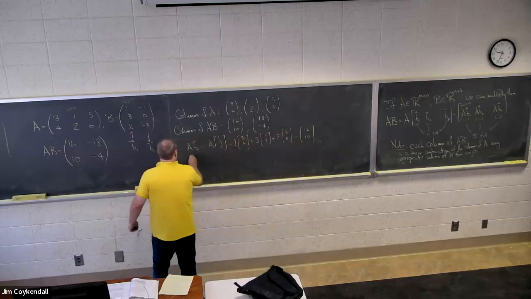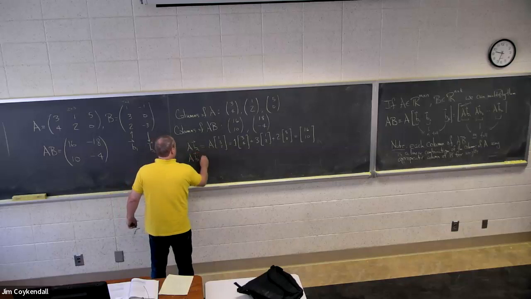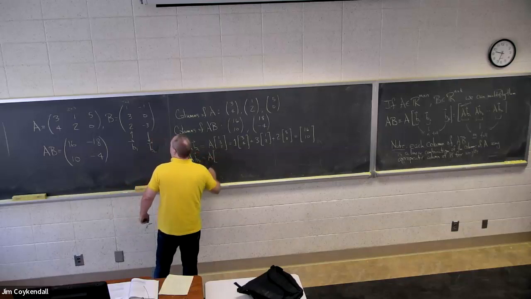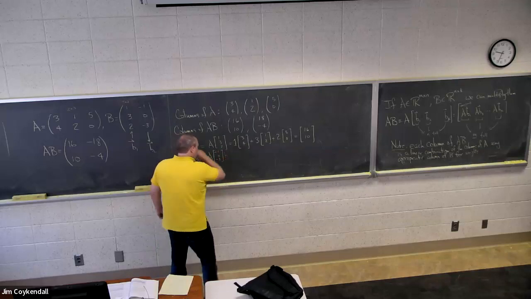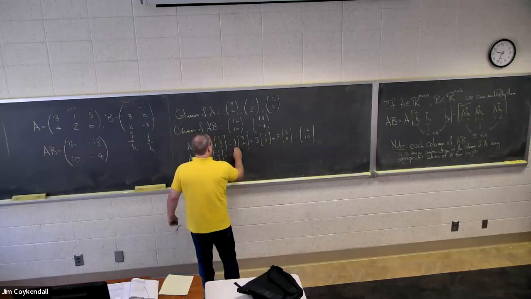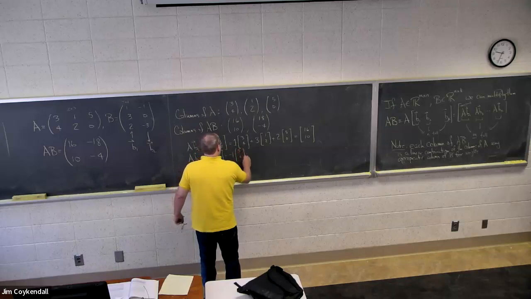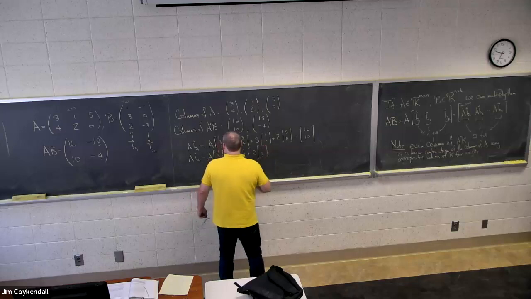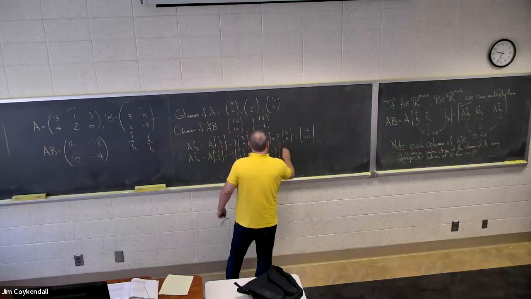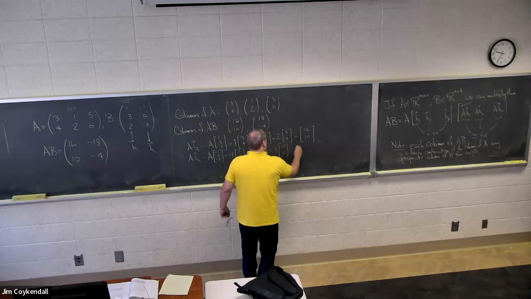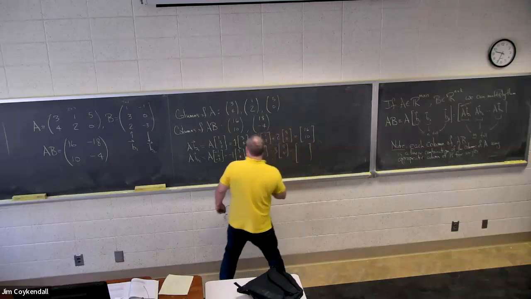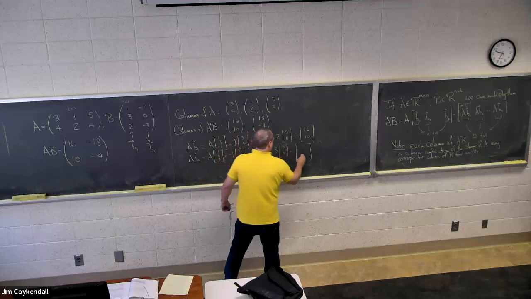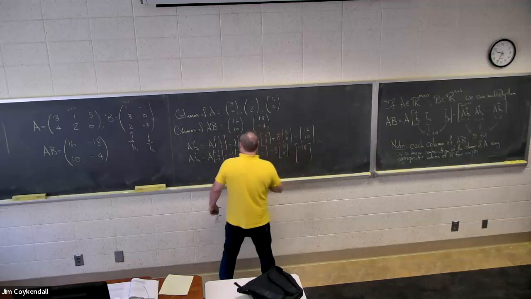If you look at AB2, this is A times -1, 0, -3. So I get -1 times 3, 4, plus 0 times 1, 2, minus 3 times 5, 0, which equals -3, -15 is -18, and -4, 0, 0.